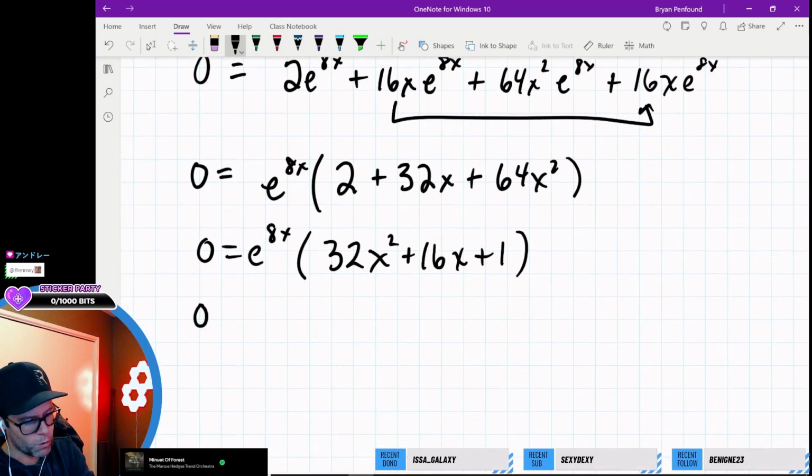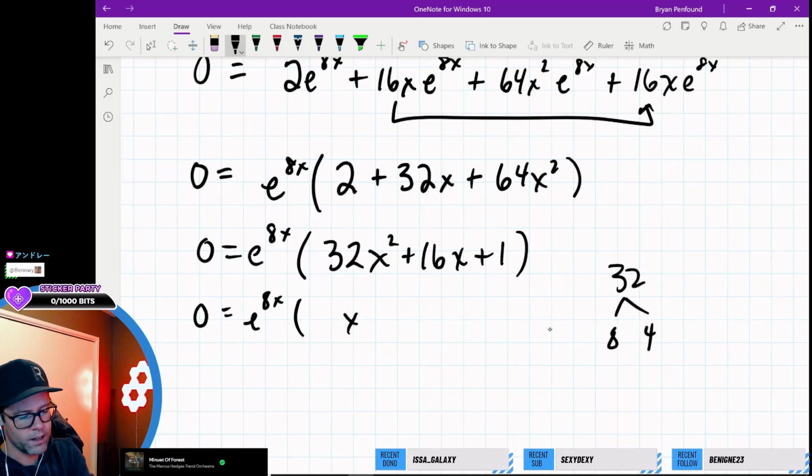And that's probably going to force our hand on what these factors can be if it's easily factorable. 32. What is 32? This is 8 and 4. And I need to get a 1. I need to multiply to get 32, but still add to get 16.